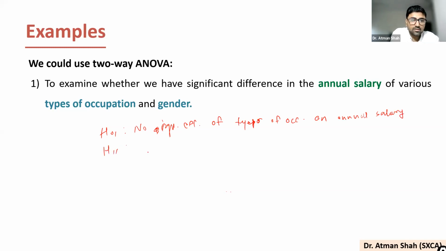And first alternative hypothesis, we have the significant difference in types of occupation on annual salary.